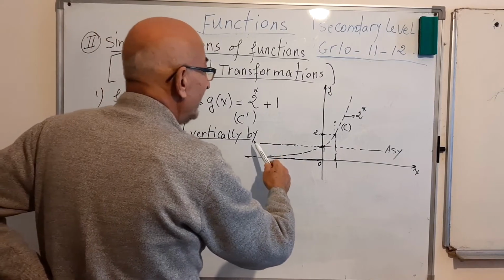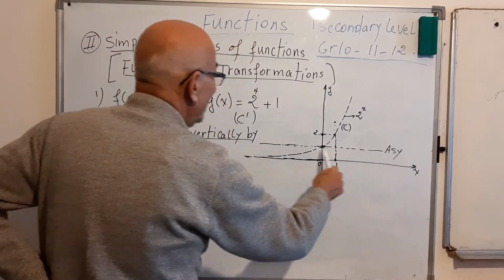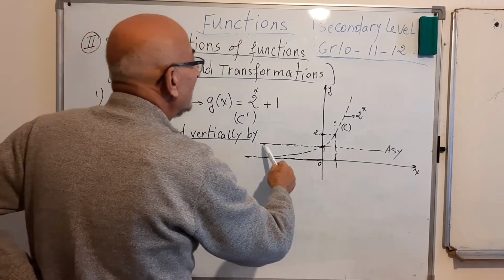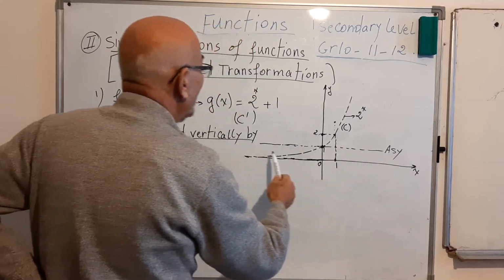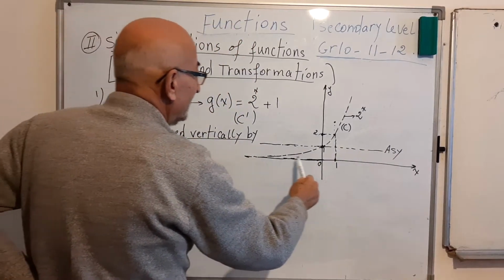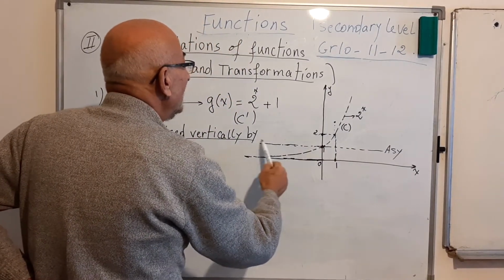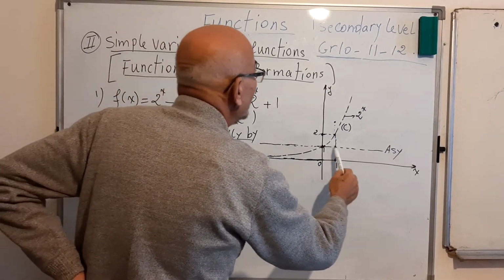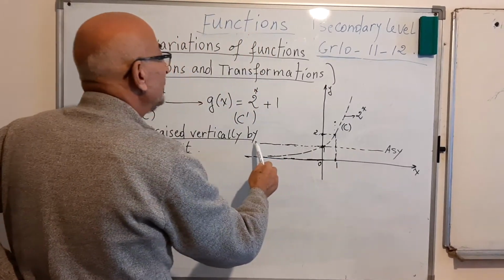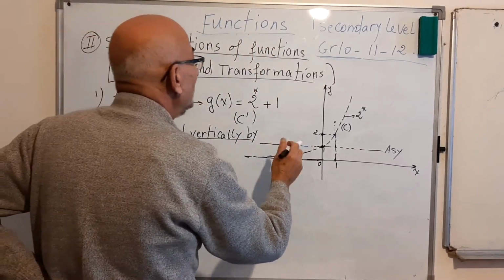C prime has the horizontal asymptote y equals 1. C has x prime x as asymptote. We add 1. So y equals 1 is the asymptote of C prime.